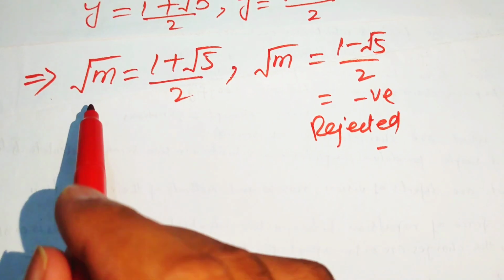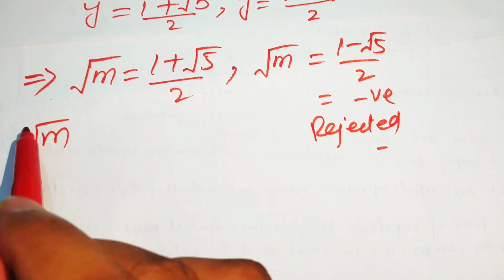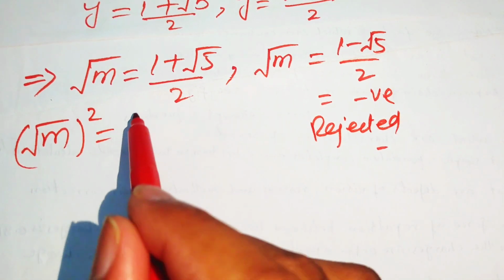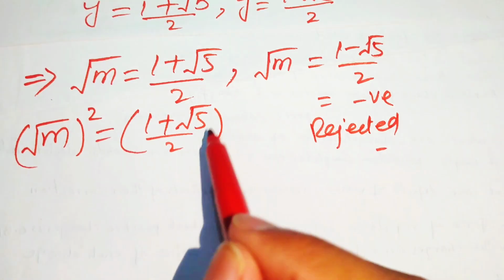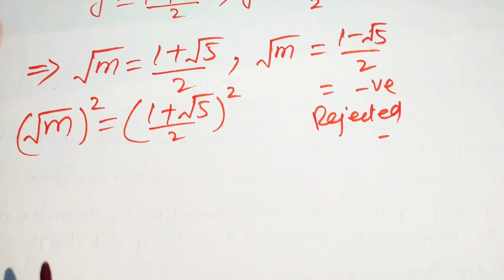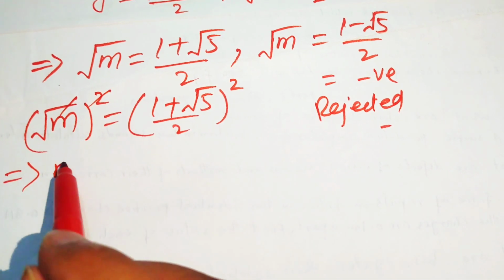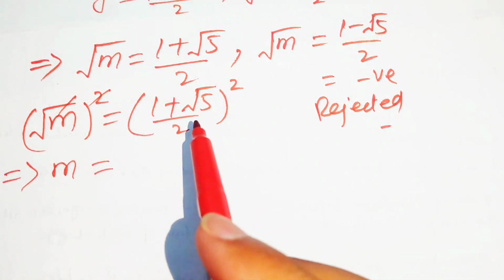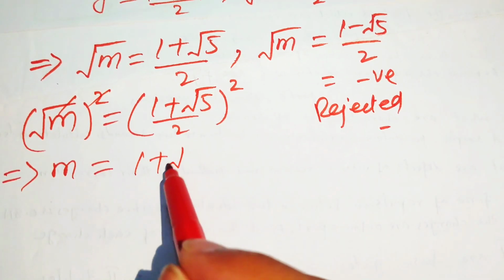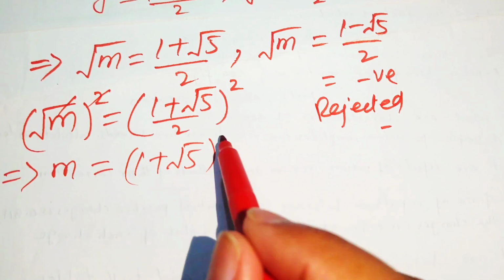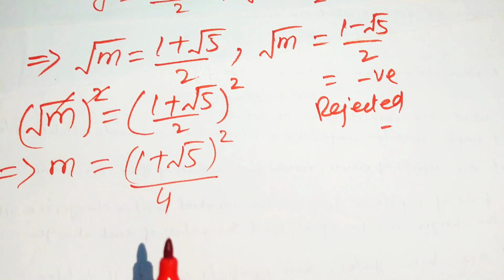m. So here we take the square on both sides of this equation, and it is written as (square root of m) whole squared equals ((1 plus square root of 5) over 2) whole squared. You see here the square and square root are gone, and we get m equals, separating the square of this term, (1 plus square root of 5) whole squared over 2 squared, and we know that 2 squared is 4.